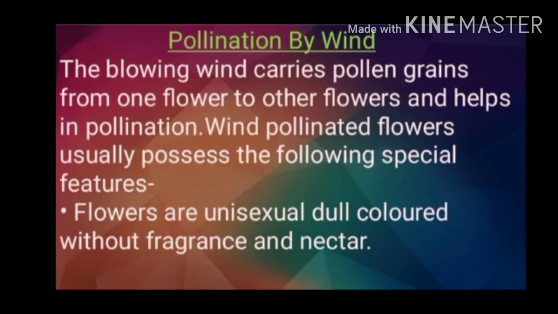Pollination by wind. The blowing wind carries pollen grains from one flower to other flowers and helps in pollination. Wind-pollinated flowers usually possess the following special features. Flowers are unisexual, dull colored, without fragrance and nectar.